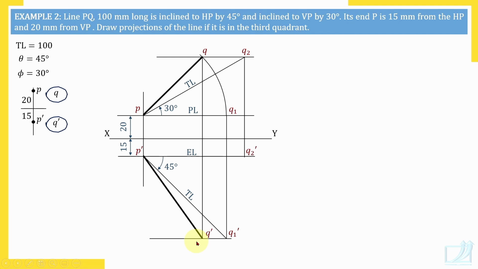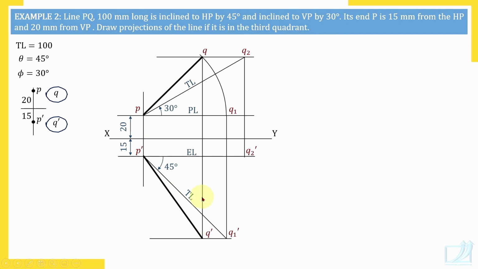And we have completed the drawing. It's that simple. PQ is the top view of this line PQ in the given position, and P dash Q dash is the front view. Draw projections of line PQ means draw the top view and front view of the line. In your drawing, only these two lines must be dark, PQ and P dash Q dash.